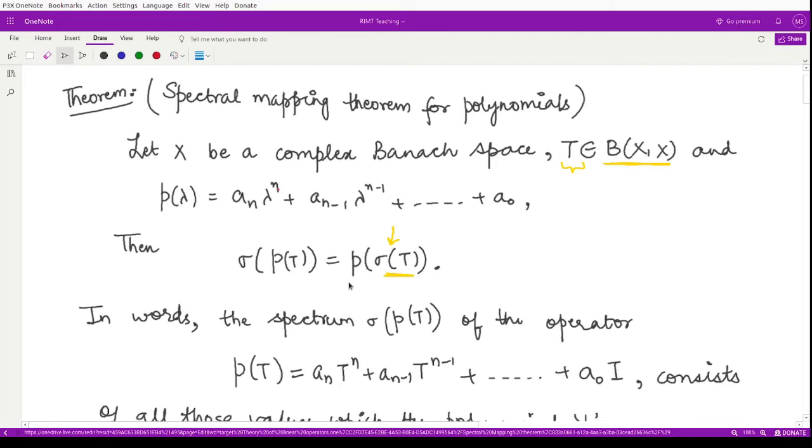So calculating a polynomial of the spectral values would be equivalent to calculating the spectral values of the polynomial for T. So this is the theorem.